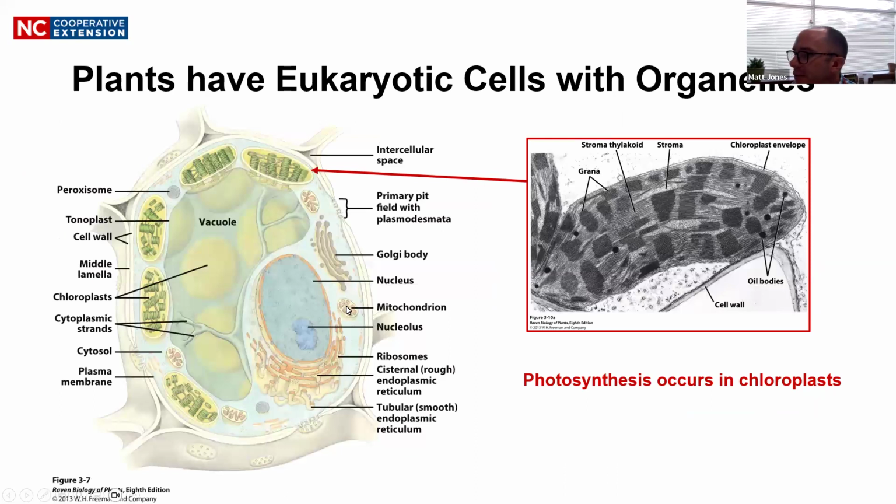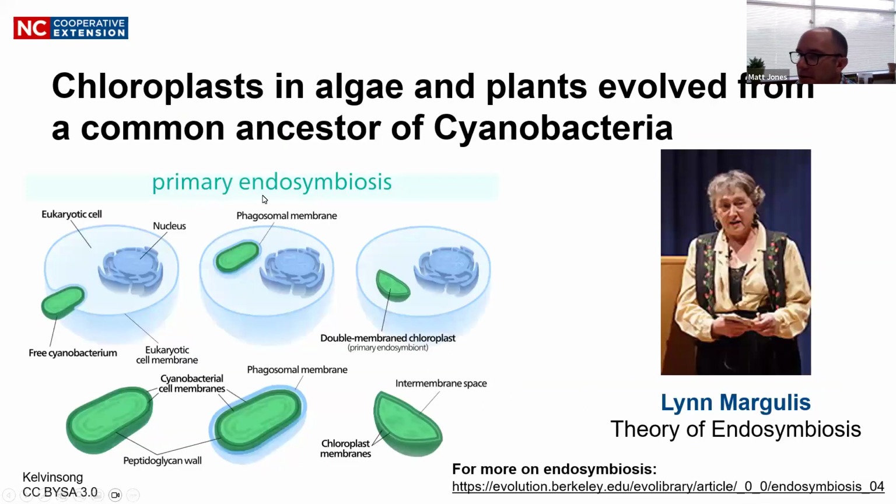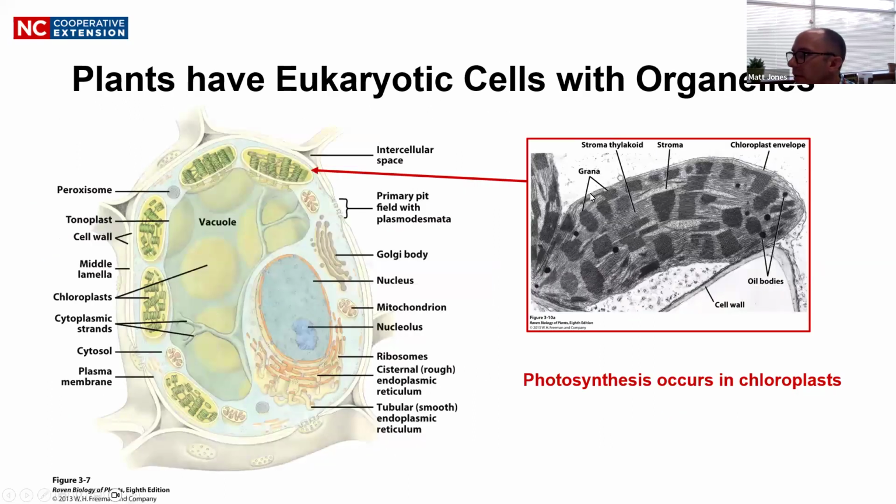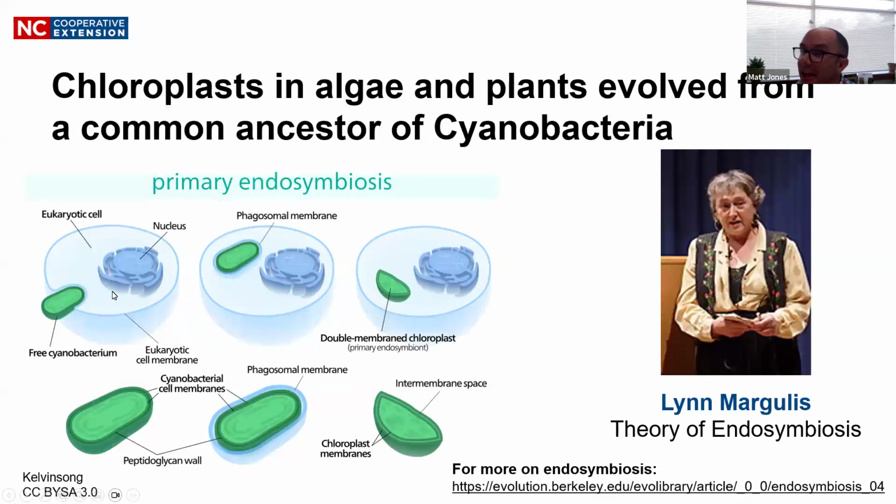But what's interesting about chloroplasts is that they are thought to have evolved from an ancestral eukaryotic organism engulfing a cyanobacterium, or at least a cyanobacterial ancestor, because these chloroplasts have their own membranes like a normal cell would. They even have their own DNA, and that DNA, when you analyze it, looks very bacterial-like. There are a lot of common genes and structures.